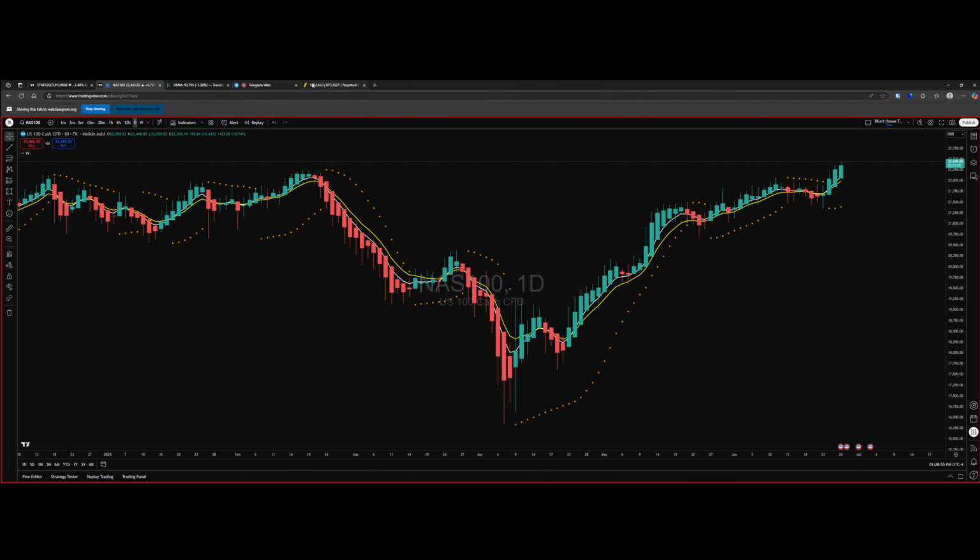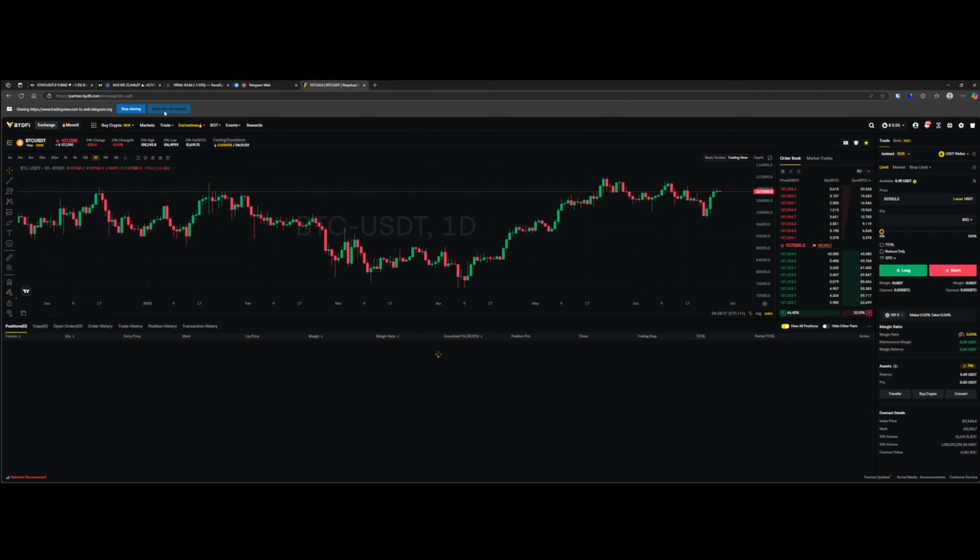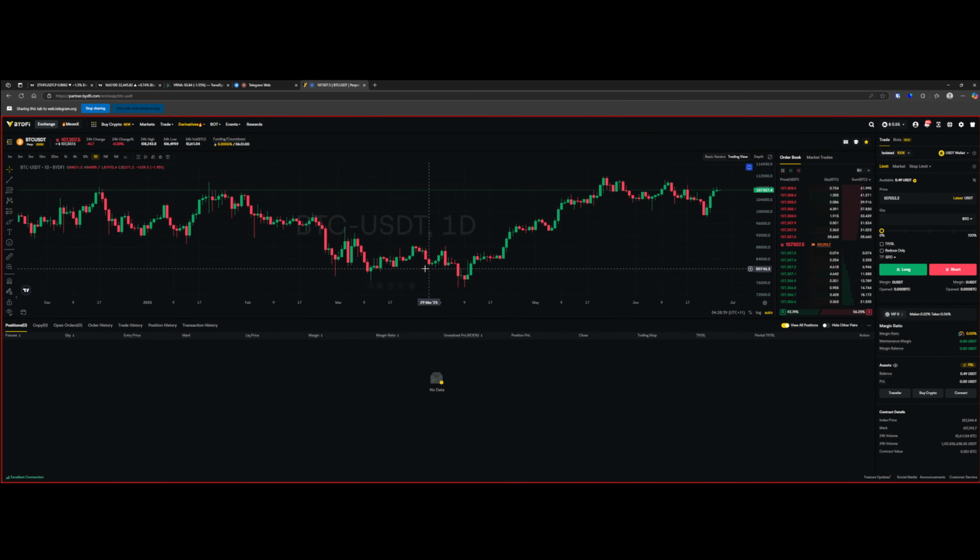Like you and I were talking a little bit before, if you're to go on your BYDFi chart, just as an example, and I'm showing you one now. If you're to use this chart, the nice thing about your exchange charts is that you can put on as many indicators as you want, right?